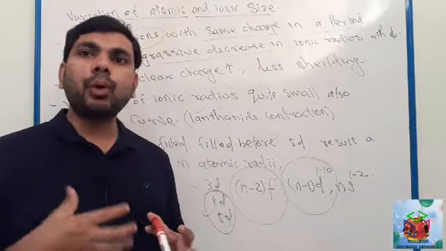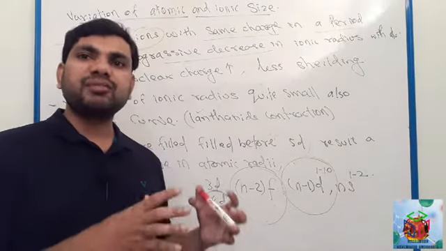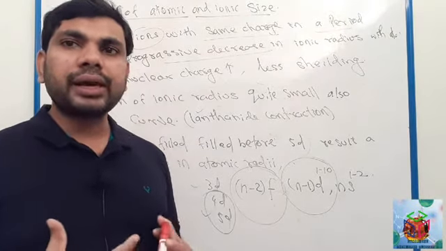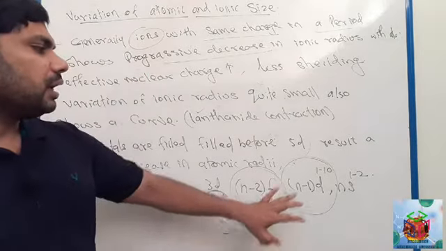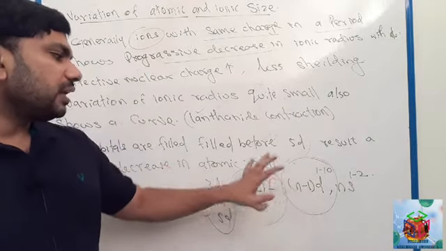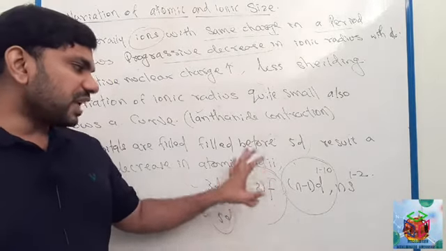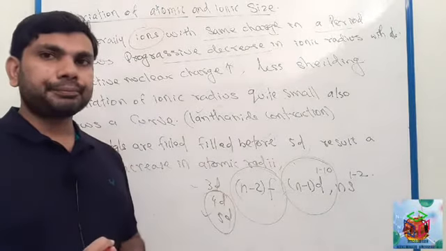Also, we will study more details about lanthanide contraction when we study f block elements. Here you just understand that before filling d orbitals, f electrons are filling. That's why these f orbitals show less shielding.